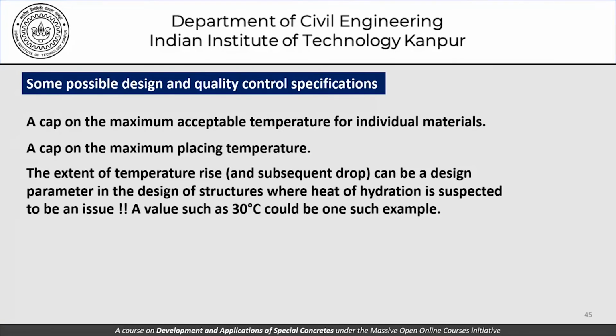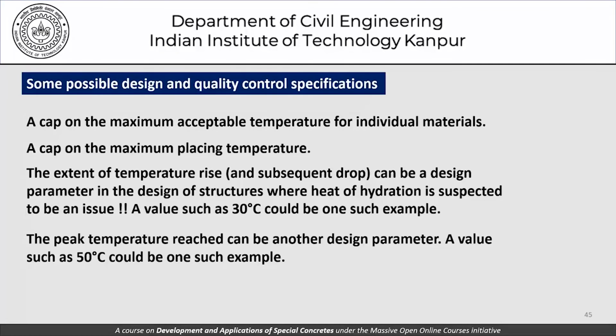The extent of temperature rise or the subsequent drop can be another design parameter where heat of hydration is suspected to be an issue. A value of 30 degrees centigrade could be an example. In an earlier slide, we had talked about 30 to 35 degrees being prescribed in some of the codes.